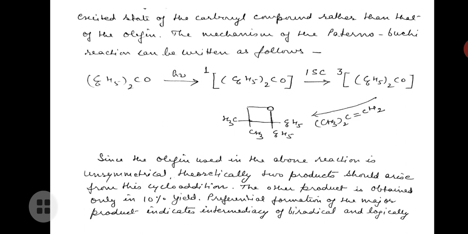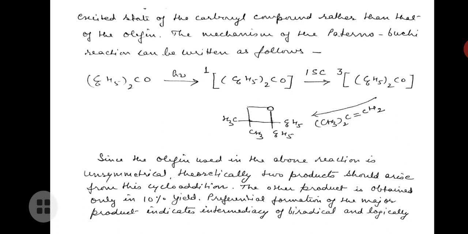And the product which is formed here is 90%. Since the olefin used in the above reaction, isobutene, is unsymmetrical, theoretically two products should arise from this cycloaddition. The other product is obtained only in 10% yield, and the product seen here in the equation is 90%.